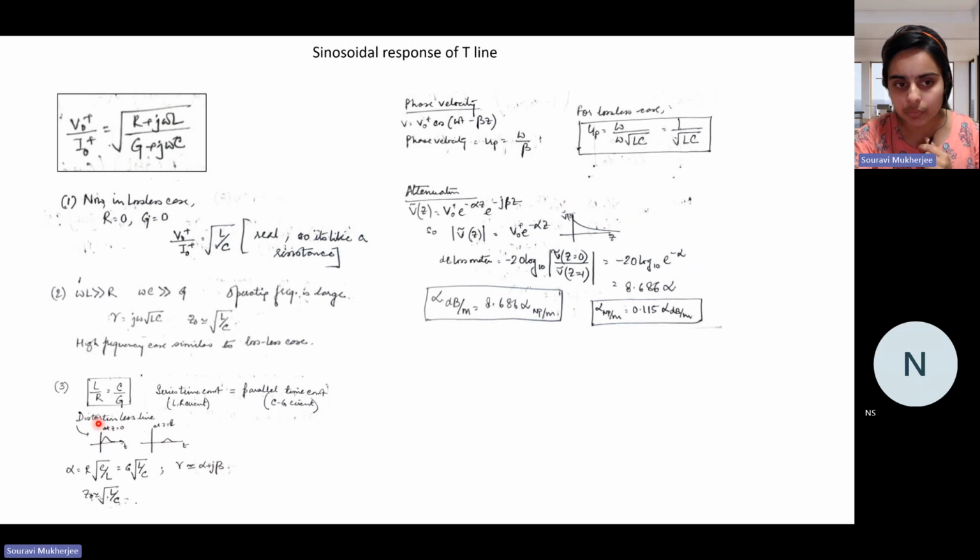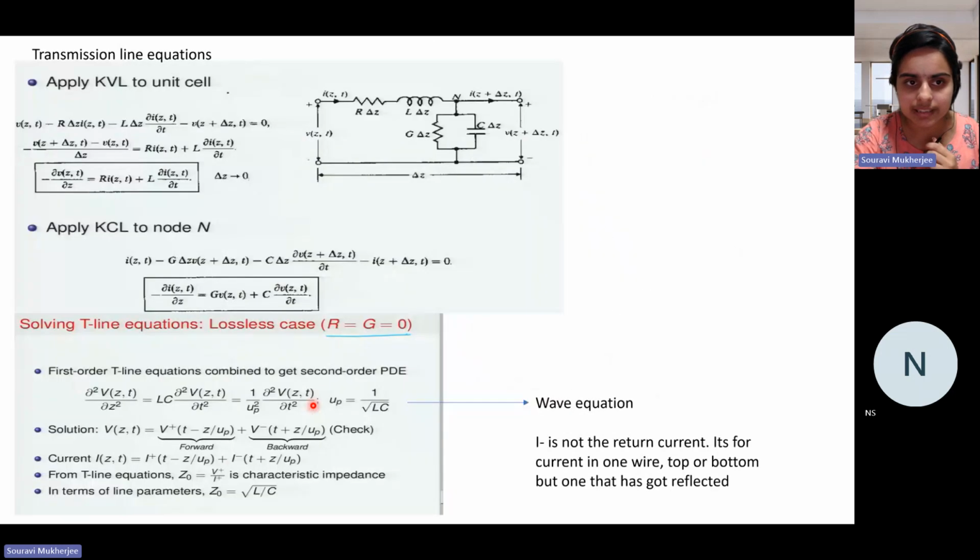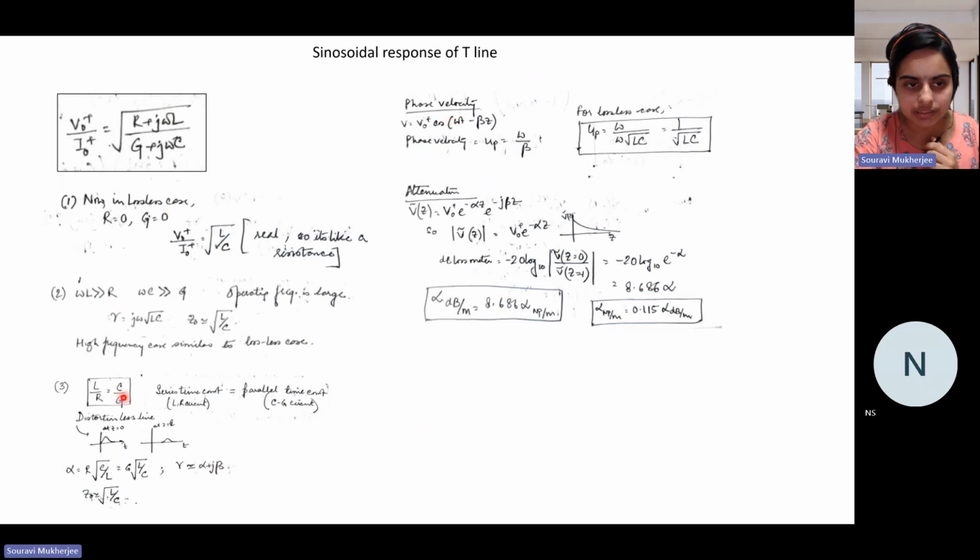So when does that happen? That happens when your series time scale and the parallel time scale match. So the effective time scale of this part matches with the effective time scale of this part. If you do that, this is the relation that you get: L by R equal to C by G is your distortionless line. So this is the distortionless case.